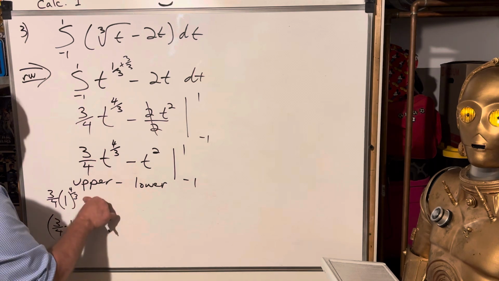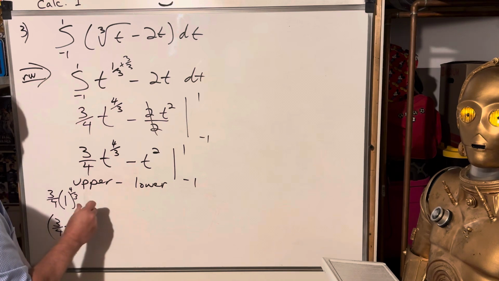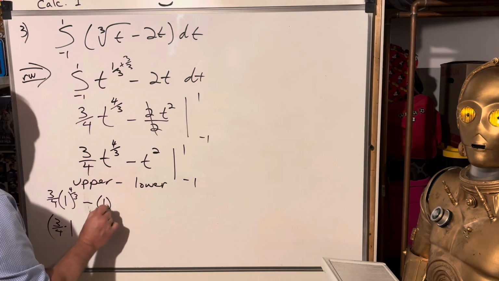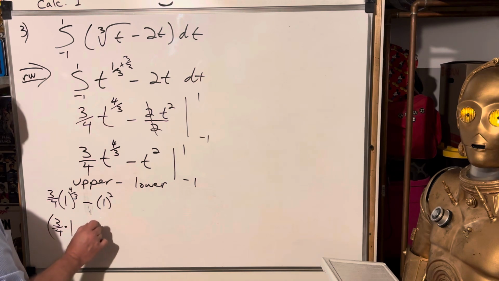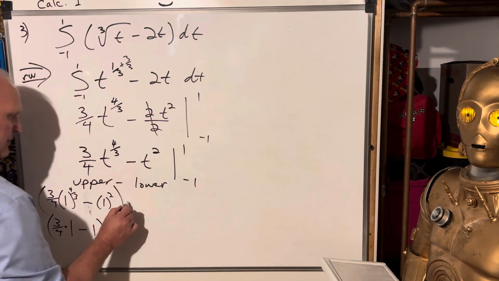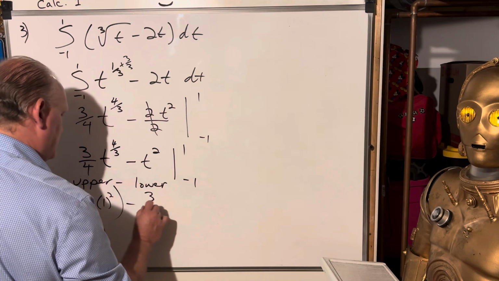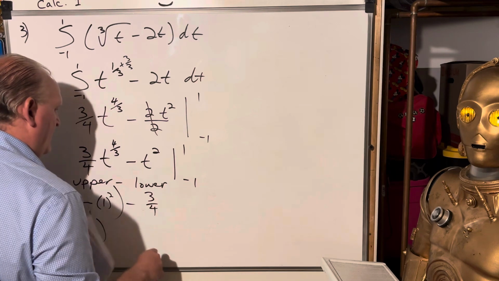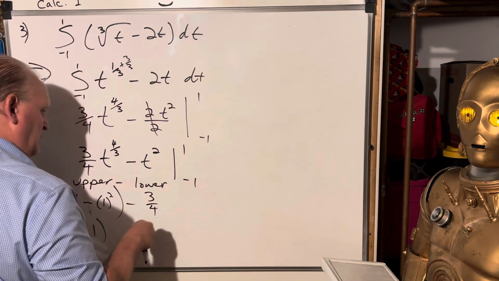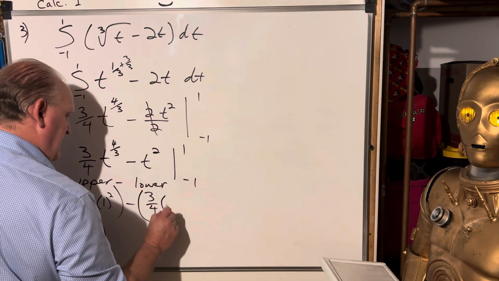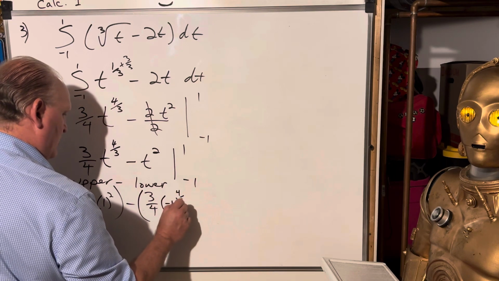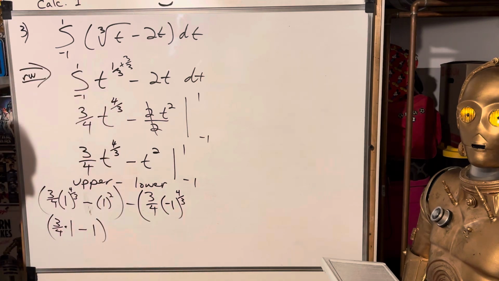Plus, oh, no, minus 1 squared. So 3/4 times 1 minus 1, that's the upper. Minus the lower, that's 3/4. This one we got to use the noodle a little bit here. We got -1 to the 4/3, so that's -1 to the 4th power.